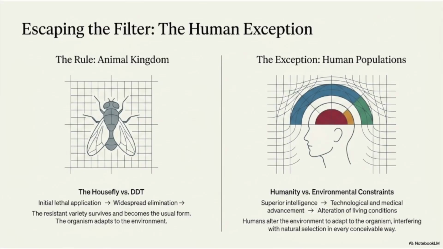In contrast, human populations represent an exception to this rule. Because of superior intelligence, humans achieved technological and medical advancement, which allowed alteration of living conditions. In essence, humans alter the environment to adapt to the organism, interfering with natural selection in every conceivable way.